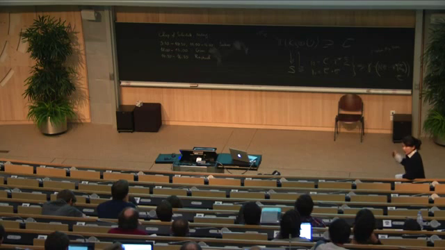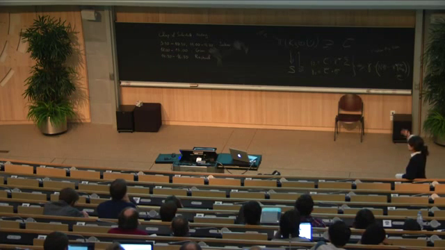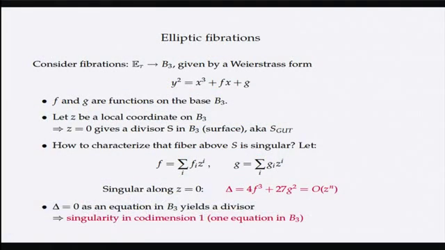What we're interested in is a little bit more complicated, in the sense that we're not just interested in elliptic curves fibered over one-dimensional complex manifolds, but we'd like to have 4-folds for F-theory. So we need a complex 3-manifold as the base. This Weierstrass equation is now not just a complex equation, but an equation where the functions f and g vary over your base manifold.